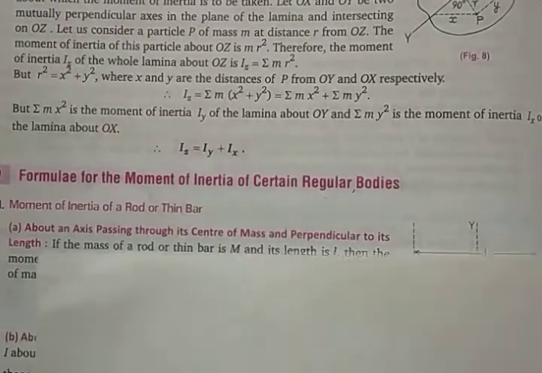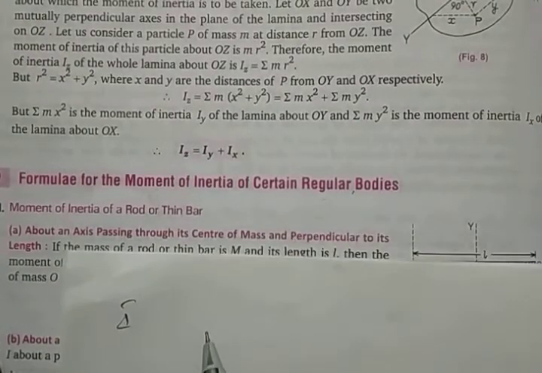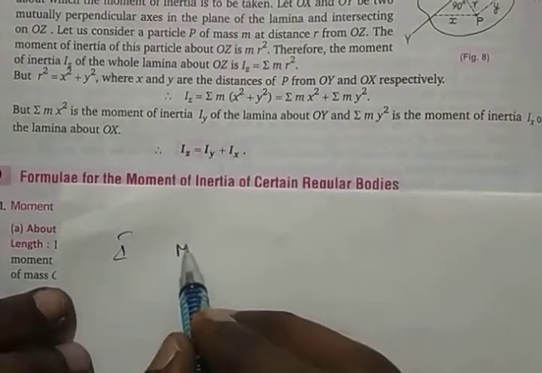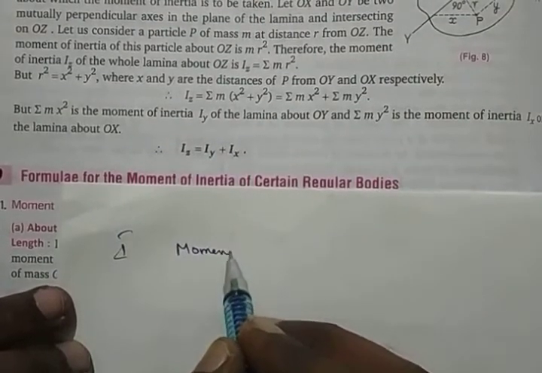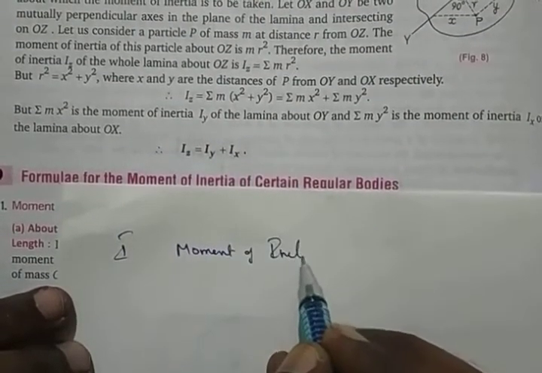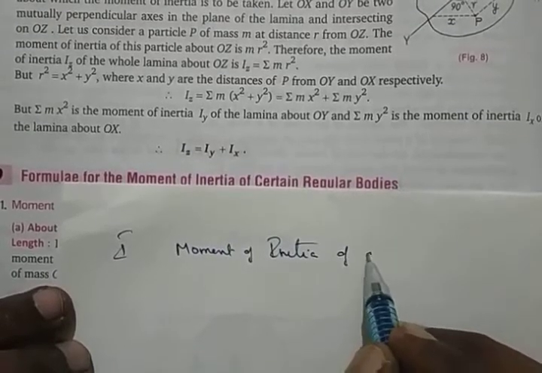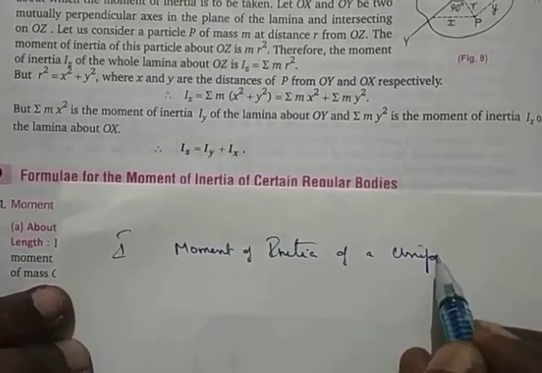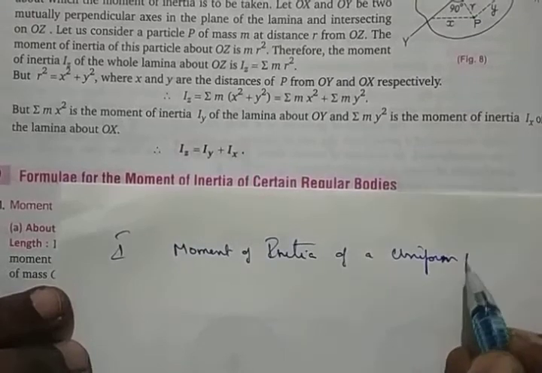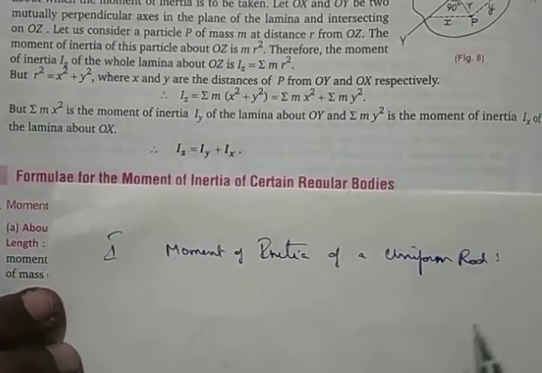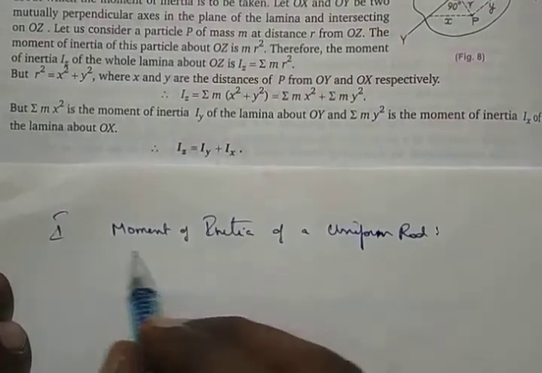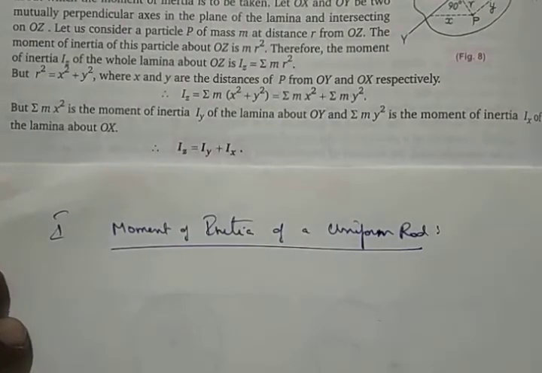So the first regular body is going to be the moment of inertia of a uniform rod. Moment of inertia of a uniform rod.